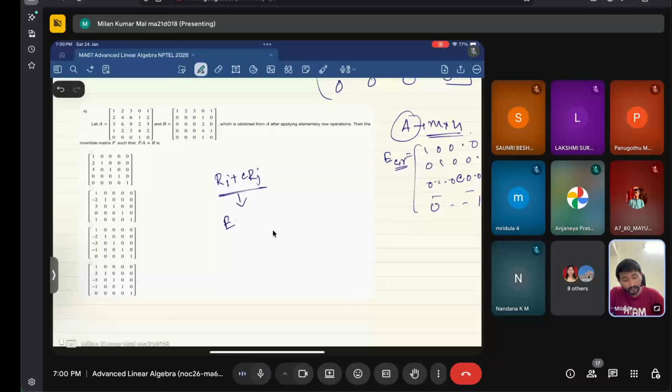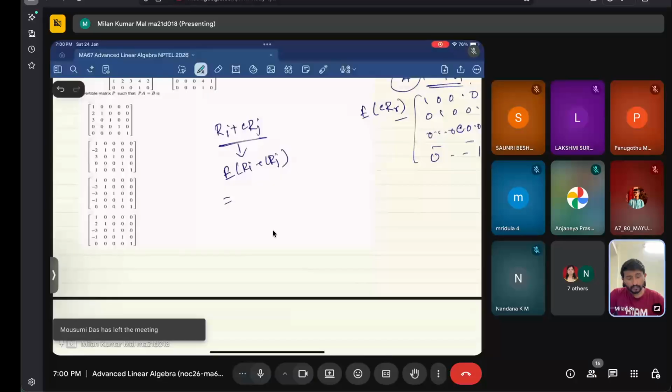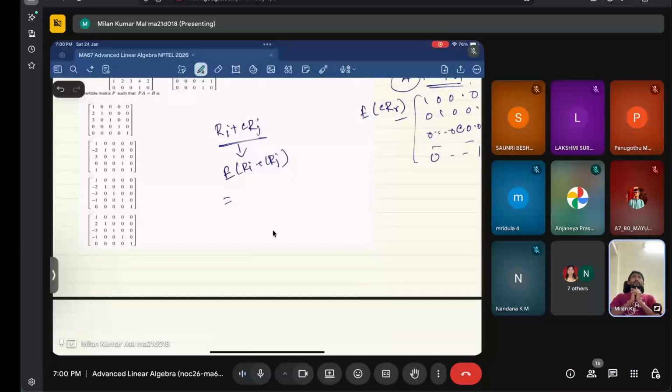One can write E with the corresponding elementary row operation, that is Rr, with row R you are multiplying by C. Suppose this is the elementary matrix. It means that you take the identity matrix and you multiply, replacing Ri by Ri dashed, which is Ri plus C Rj.